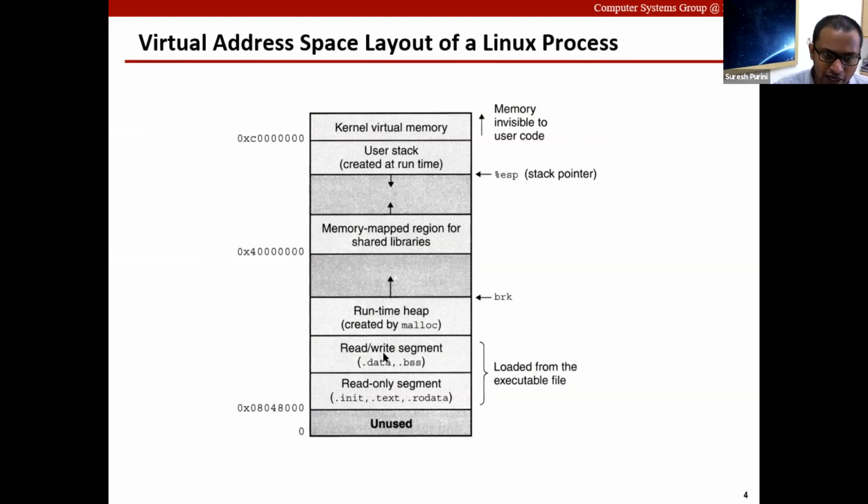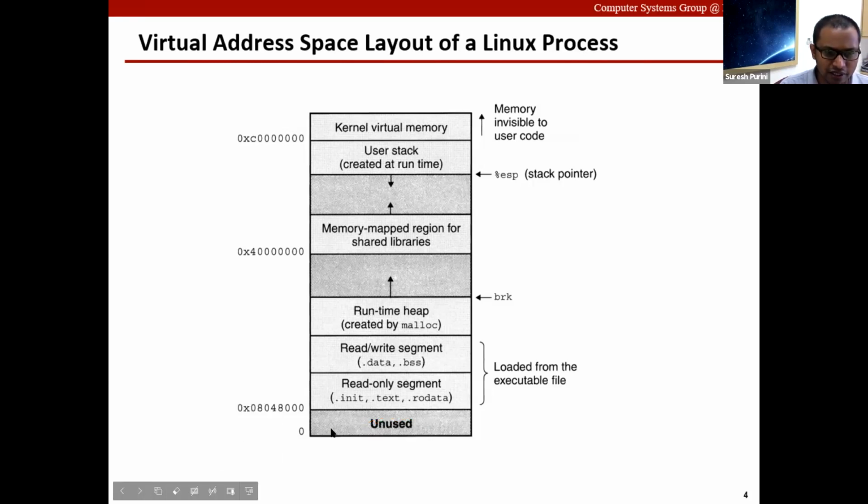So this is the whole address space, starting with the lower address 0x0, and the higher addresses are present here. The addresses are growing from bottom to top. And you can see there is a kind of unused space.